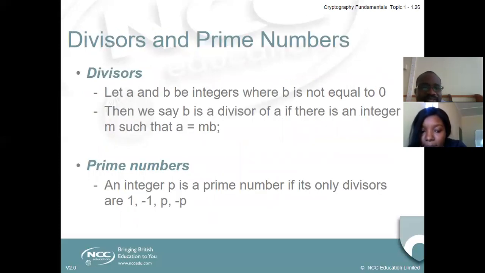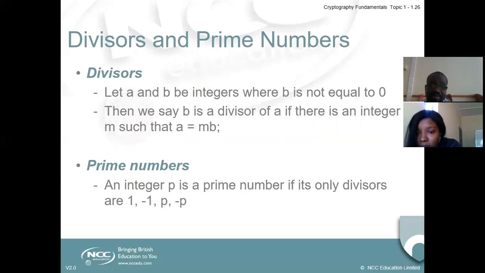Divisors and prime numbers: let A and B be integers where B is not equal to 0. Then we say B is a divisor of A if there is an integer M such that A is equal to MB.